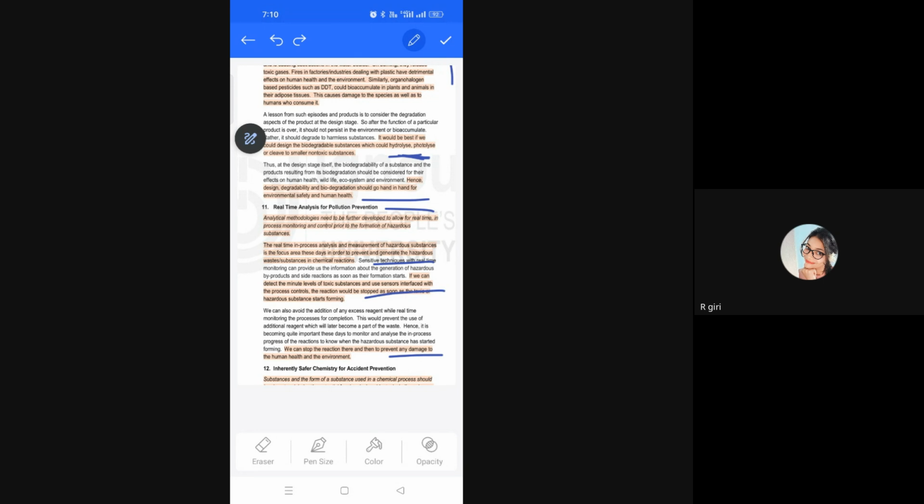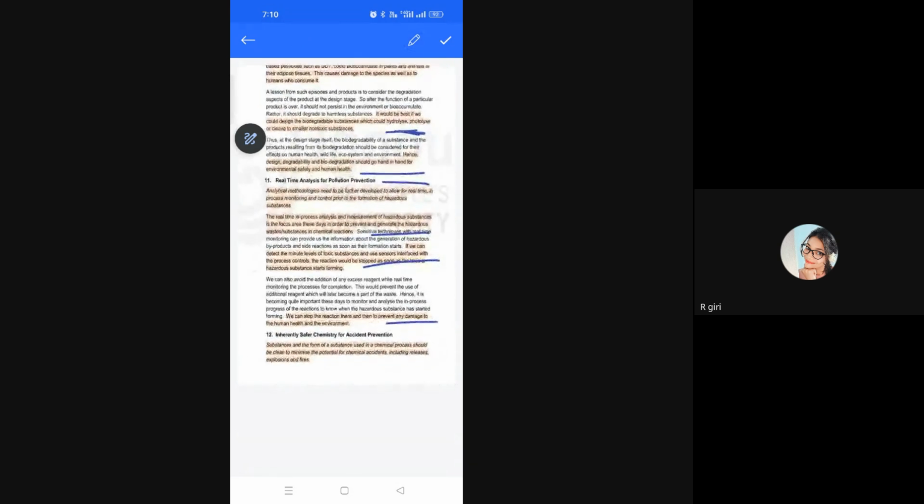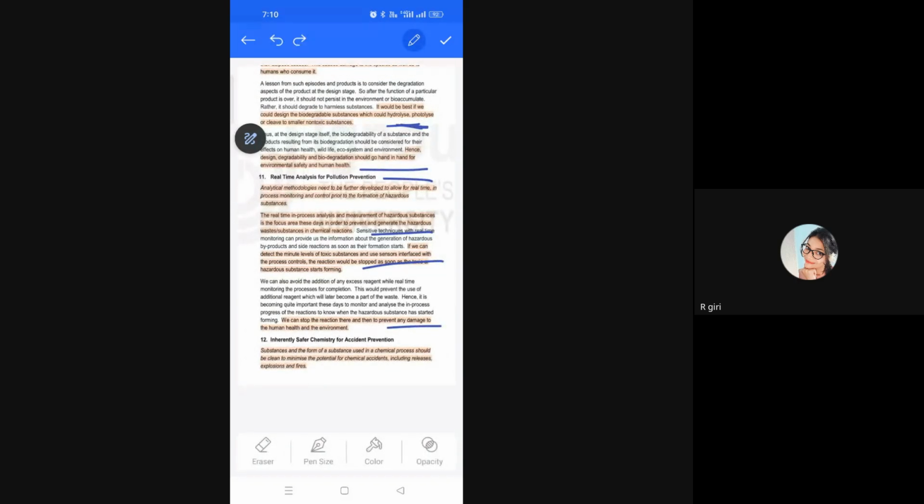Then the last principle is the 12th principle, inherently safer chemistry for accident prevention. That means where industry and chemical reactions are taking place, definitely some accident is possible, so you should be aware of the accident process.